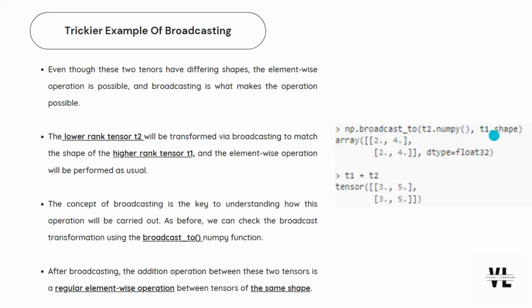So we use T1.shape as the second parameter for the broadcast_to method. Then we see that 2, 4, the first one-dimensional array is now transformed into a 2x2 tensor, or NumPy array in this case. And now we can just add the two tensors in this way.